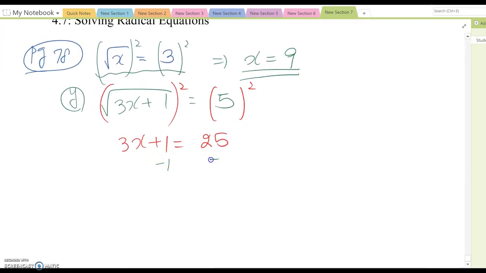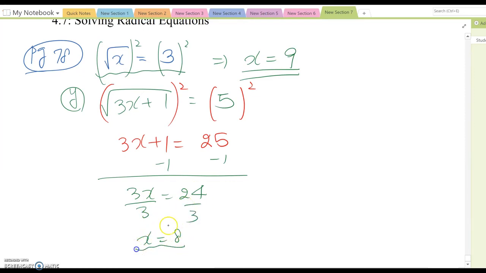Minus 1, so 3x equal to 24, and divide by 3. So x equal to 8. However, you shouldn't just circle and confirm x equal 8 is the answer. The reason is we know root 5 makes sense, root 0 makes sense, but root negative 5 doesn't make sense.